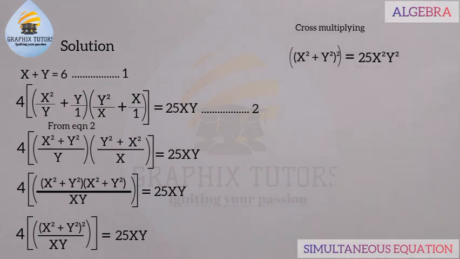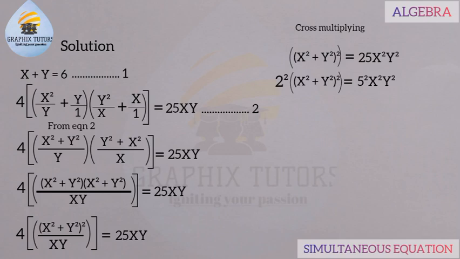Now, what I have here, I can take 4 to a number in base 2, so I'm going to be having 2 square open bracket x square plus y square all square equals, take 25 to a number in base 5, we're having 5 square x square y square.